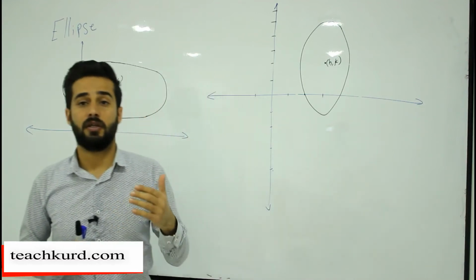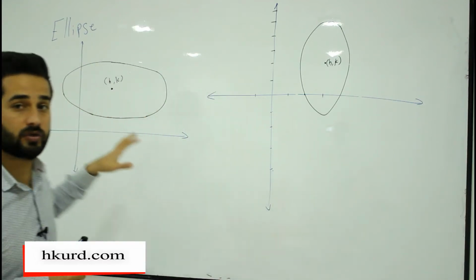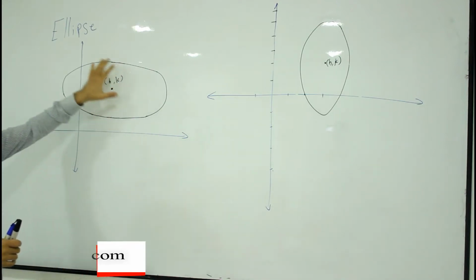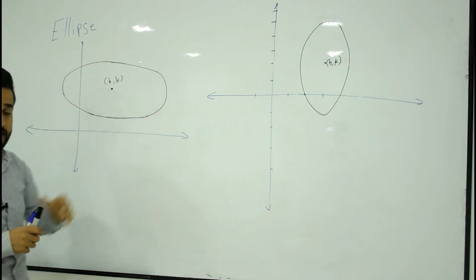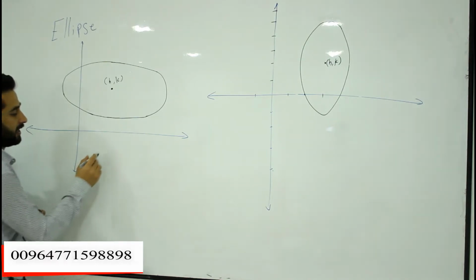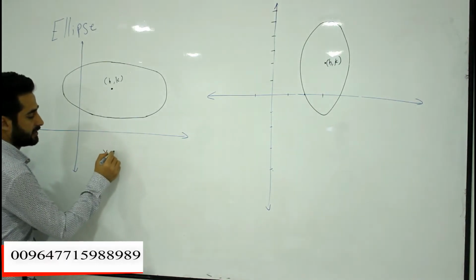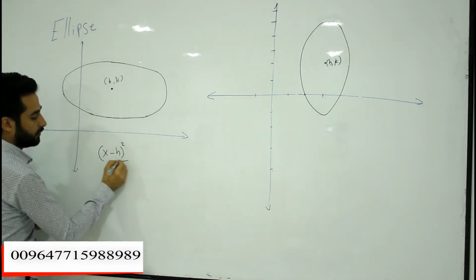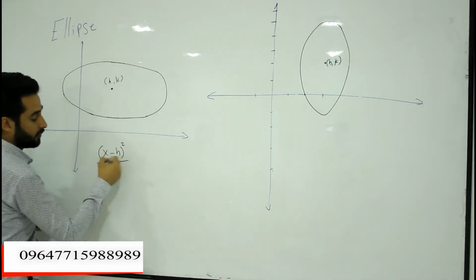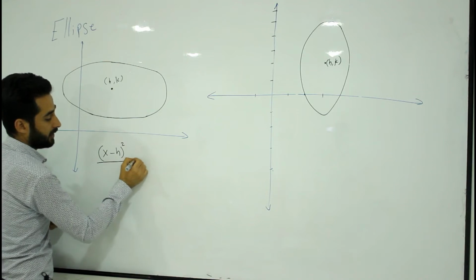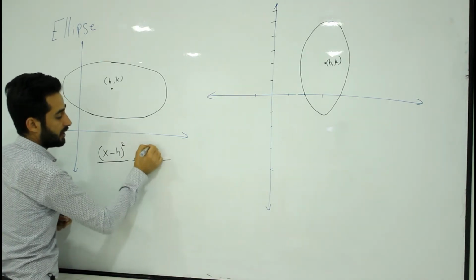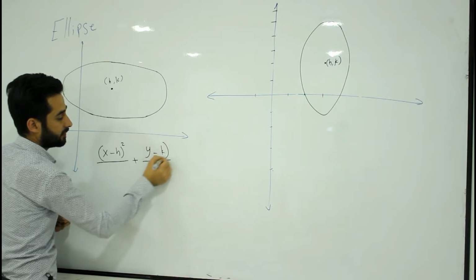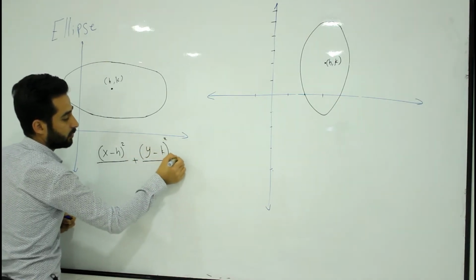First of all, let's talk about the horizontal one. The rule for this one is like this: x minus h squared over a number, of course, plus y minus k squared over a number is equal to 1.